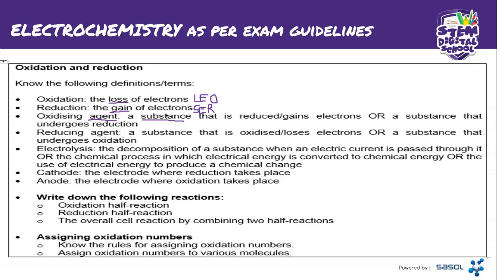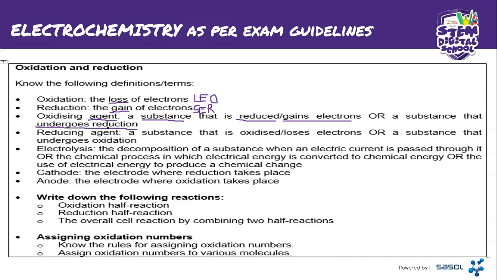It is a substance that is reduced, or another learner could say, it is a substance that gains electrons, or another learner could say it is a substance that undergoes reduction altogether.